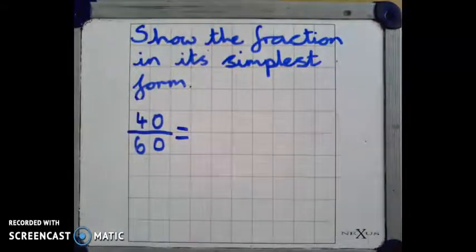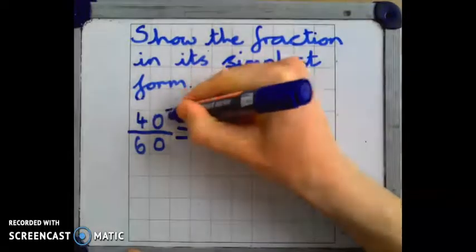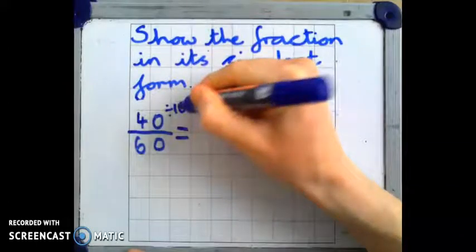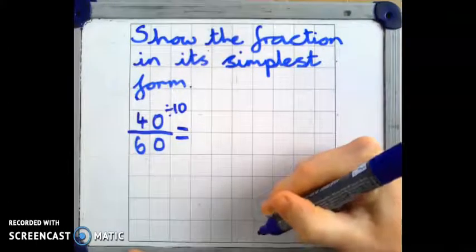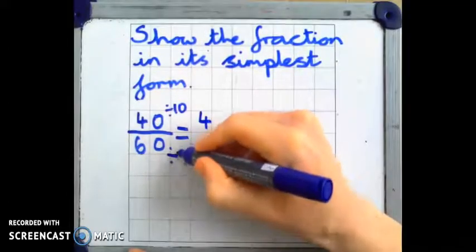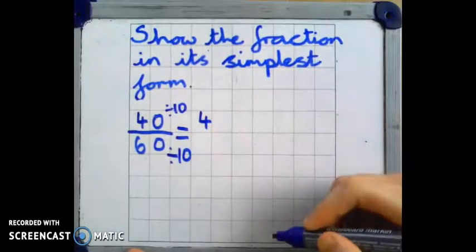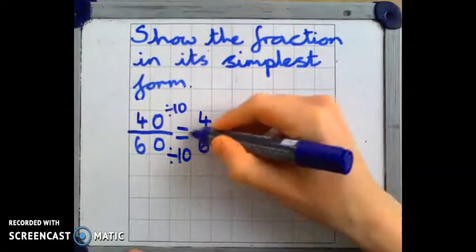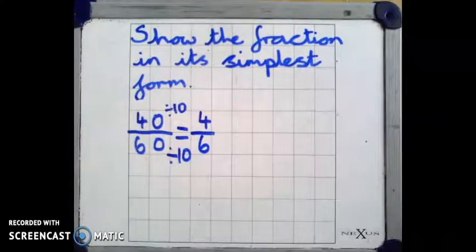So I know they both must be in the 10 times table. So I'm going to start off by dividing them by 10. 40 divided by 10 is 4. What we do to the top, we must do to the bottom. 60 divided by 10 is 6. And now we have 4/6.